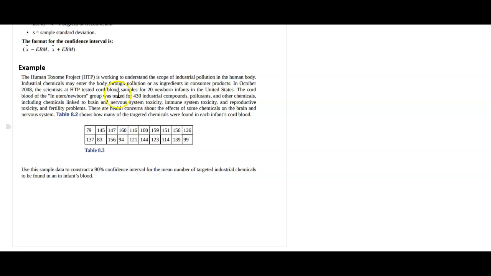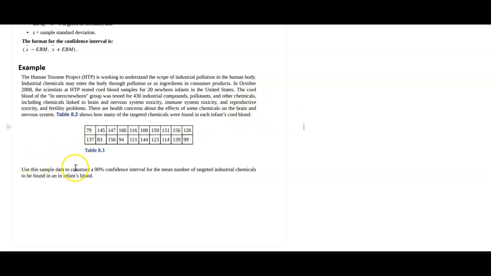So they tested it for all these different compounds, and then what they looked at is the number of these compounds that were found in the infant's cord blood. It would have been transmitted to them through the mother and then through the umbilical cord, and that's where they would have found it.